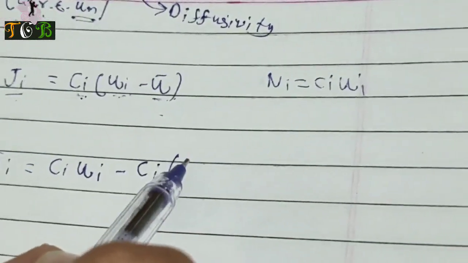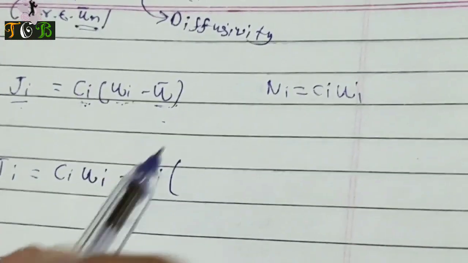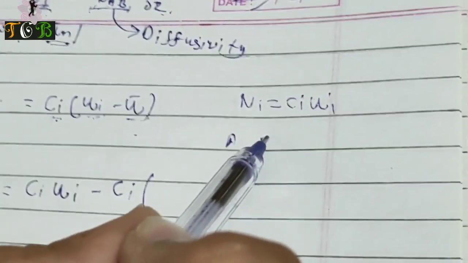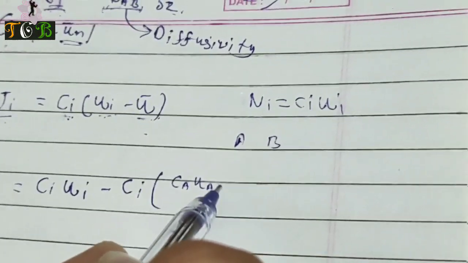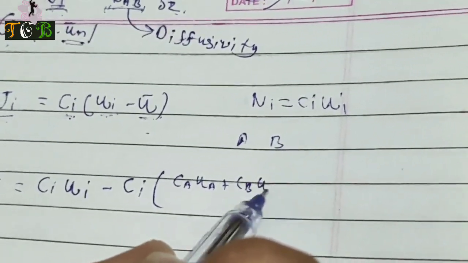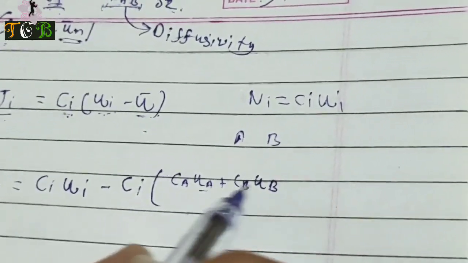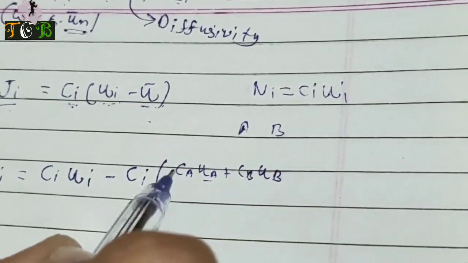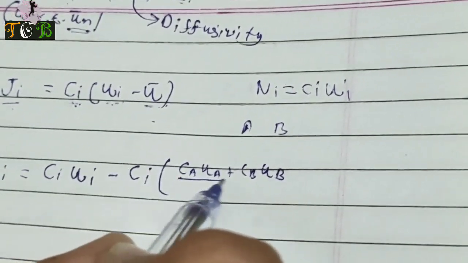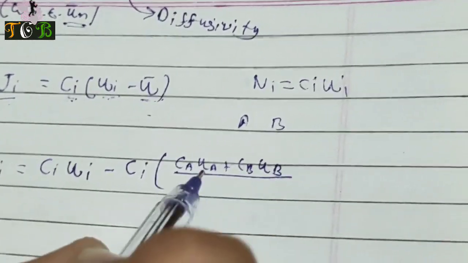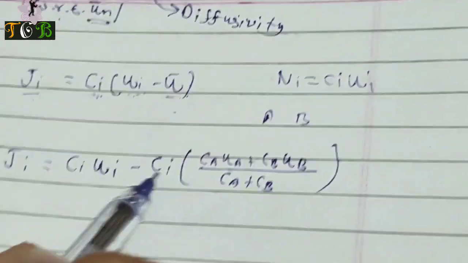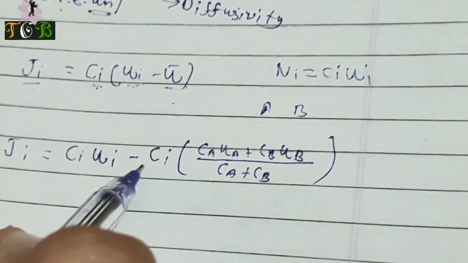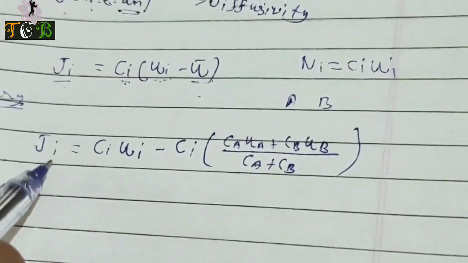So we have only two components, A and B, so it will be Ca into Ua plus Cb into Ub. These are the individual velocities and individual concentrations, and here it will be Ca plus Cb. Your Ci here is the individual component we are talking about.